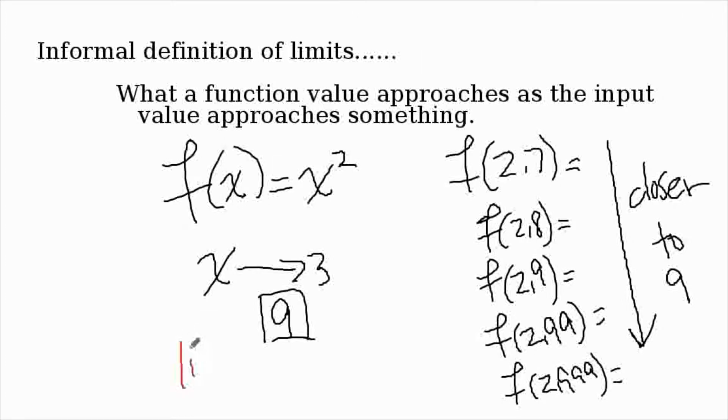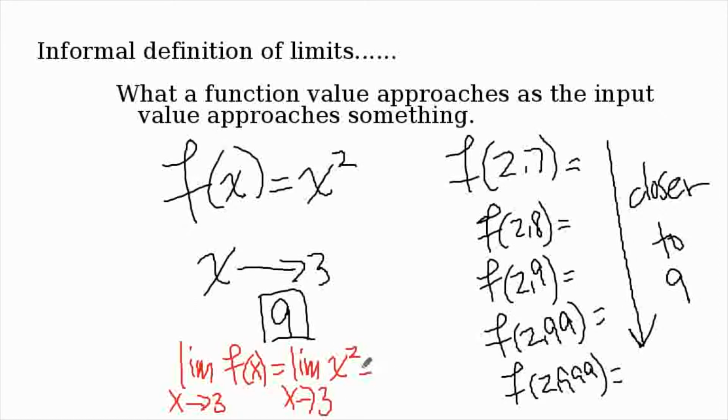We say the limit as x approaches 3 of f of x, and in this case that means the limit as x approaches 3 of x squared, and we're saying that that's equal to 9. So there you have it. I've introduced the conventional notation for limits, and I've shown you how to calculate one, and then I've told you an answer. Before I go on and add more to this, let's do a couple of examples.